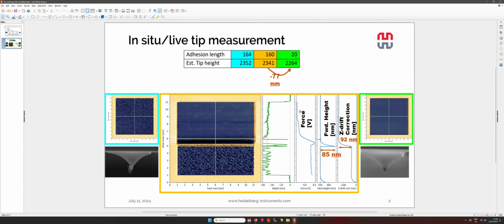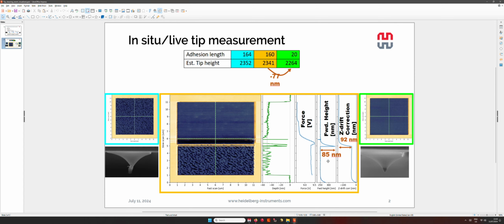So what we see is that at some point we have this cleaning event which causes an increase in the forward height. We see this spike of forward height, but we compensate this spike by a Z drift correction. So we lower the cantilever by 92 nanometers, roughly 90 nanometers, to accommodate this increase of the forward height.